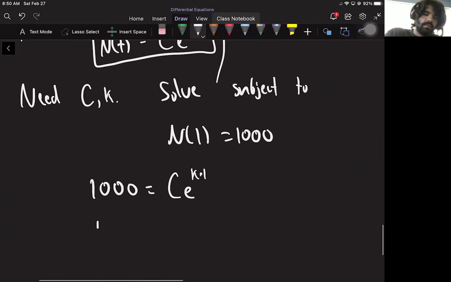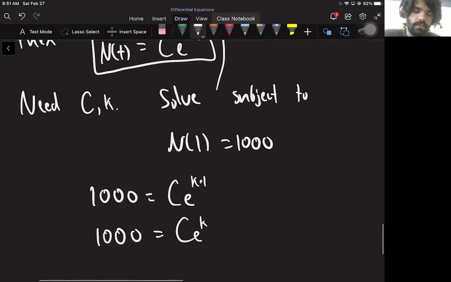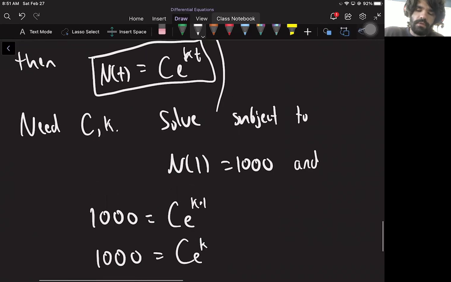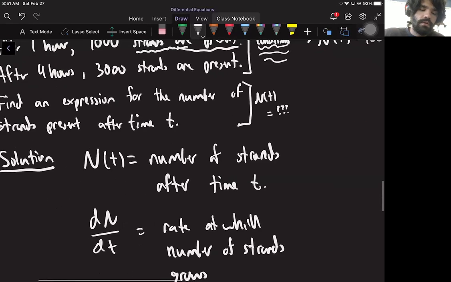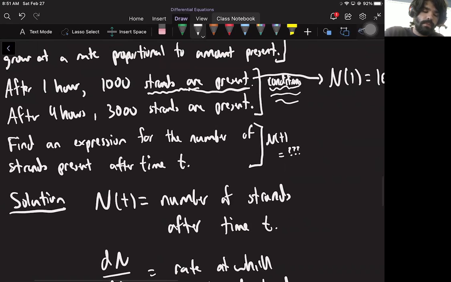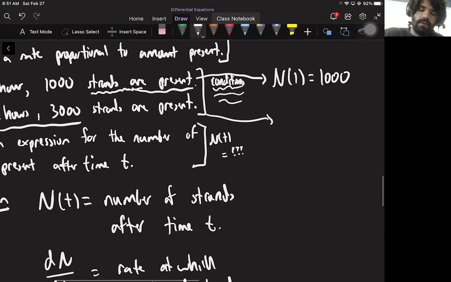So then I get this little equation, which doesn't let me solve for C or K, but it helps me a little bit once I use the other condition too. So now I'm also adding in this other condition from the other sentence. After 4 hours, there's 3,000 strands. That really just means plug in 4, get 3,000.